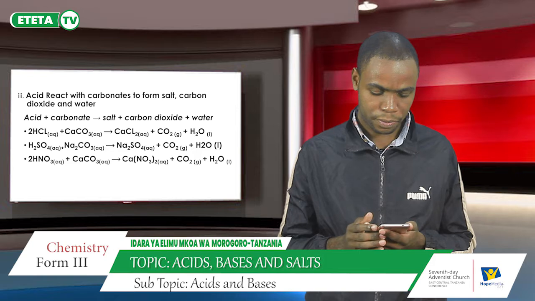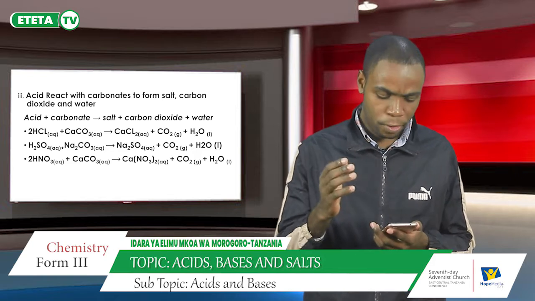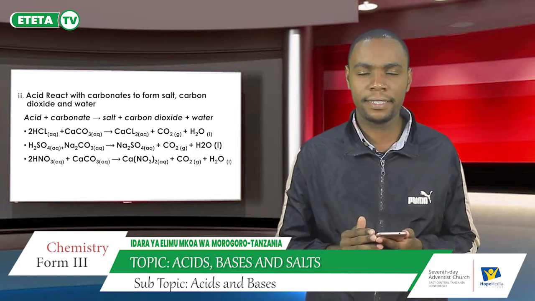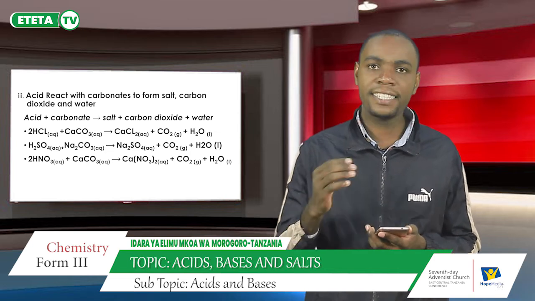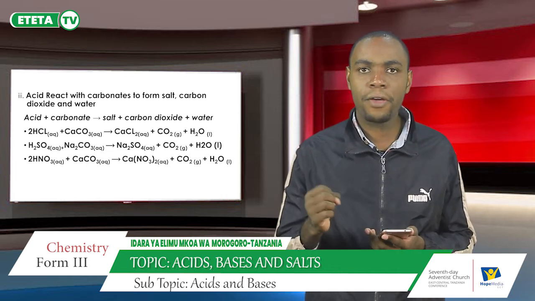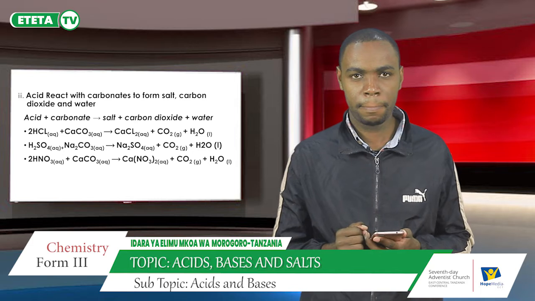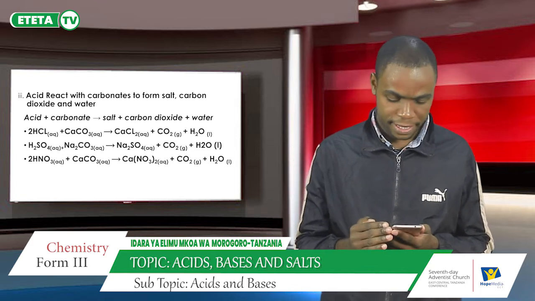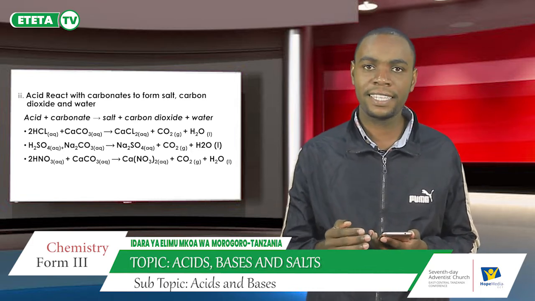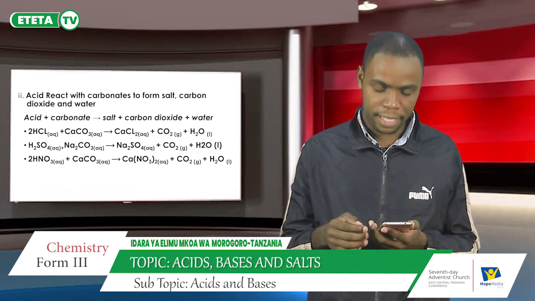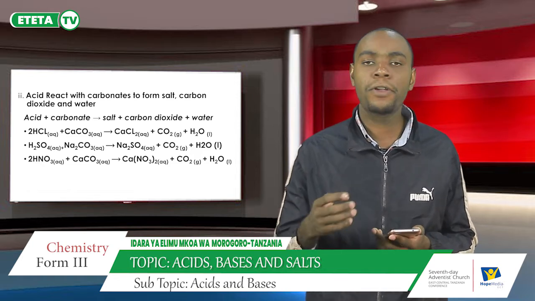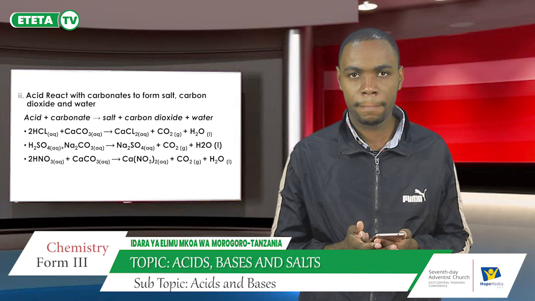For example, if you react hydrochloric acid and calcium carbonate, the product produced is calcium chloride, carbon dioxide and water. Another example is the reaction between sulfuric acid and sodium carbonate. The product produced there is sodium sulfate, carbon dioxide and water.